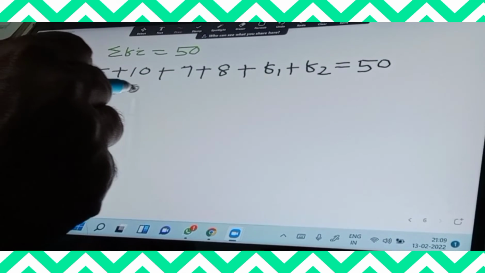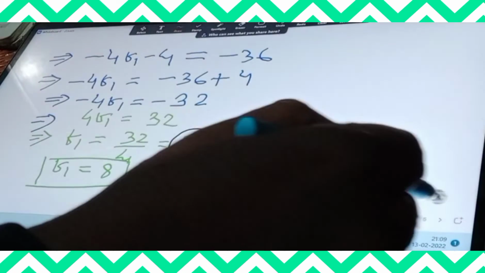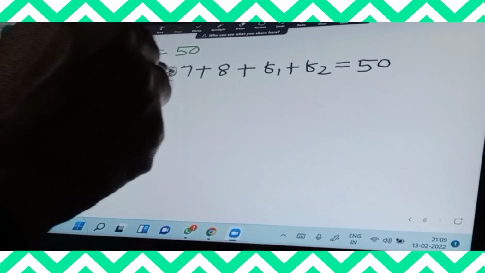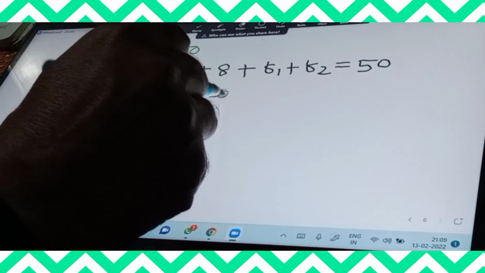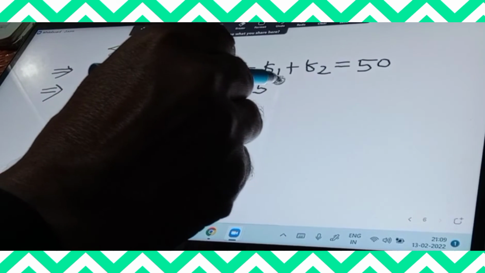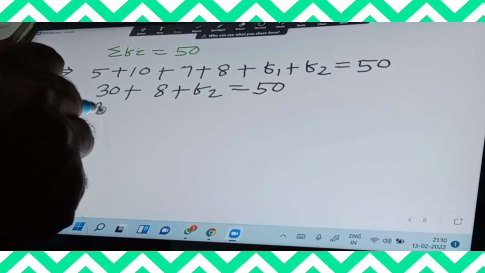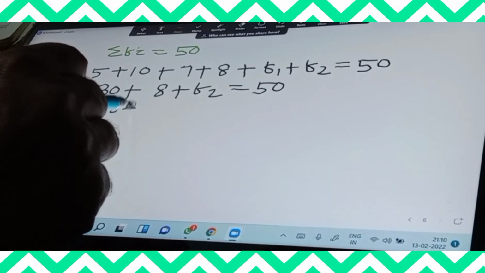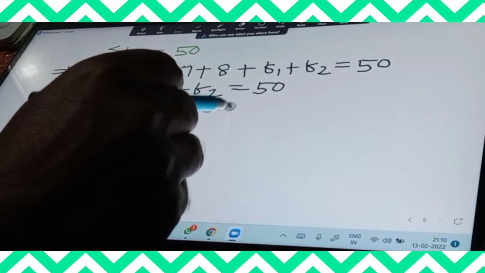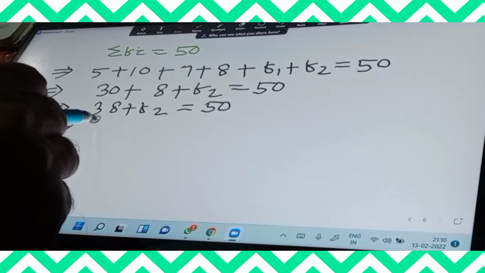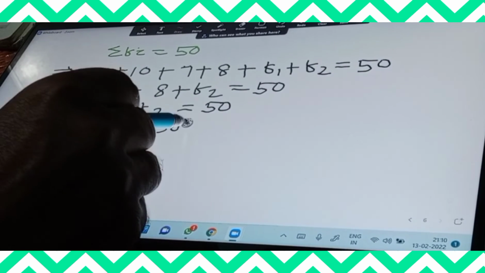30 plus f1, and the value of f1 we already got is 8. So in place of f1 you can write 8, plus f2 is equal to 50. 30 plus 8 is 38, so 38 plus f2 is equal to 50. That implies f2 is equal to 50 minus 38.